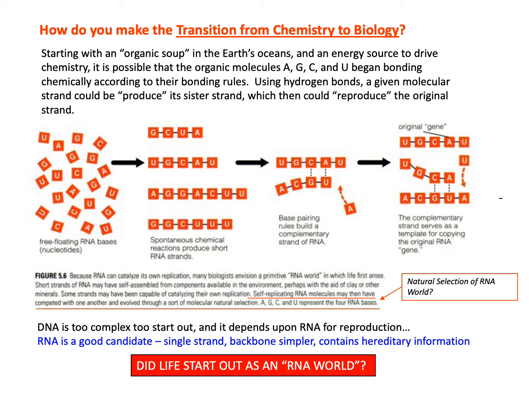But then if we go to the final panel on the right, you can see that the complementary copy might make a complementary copy of itself, which would have the identical chain of amino acids that the original had. So it would be a form of duplication. And so it turns out that this RNA world, or this RNA model, is a pretty good idea.